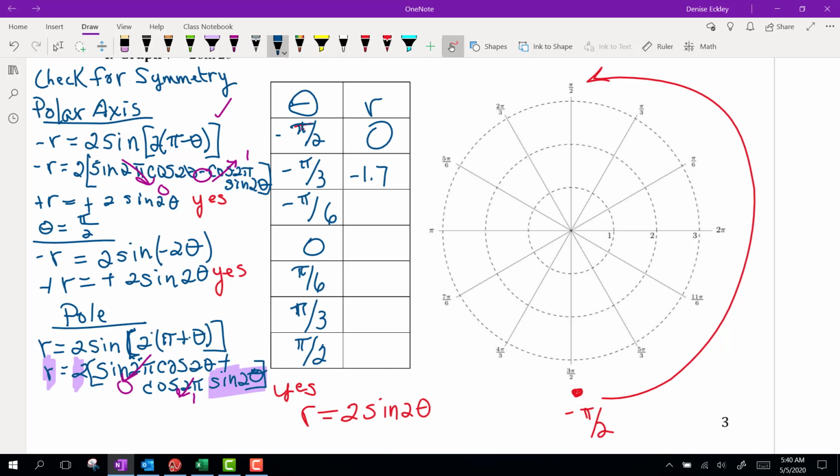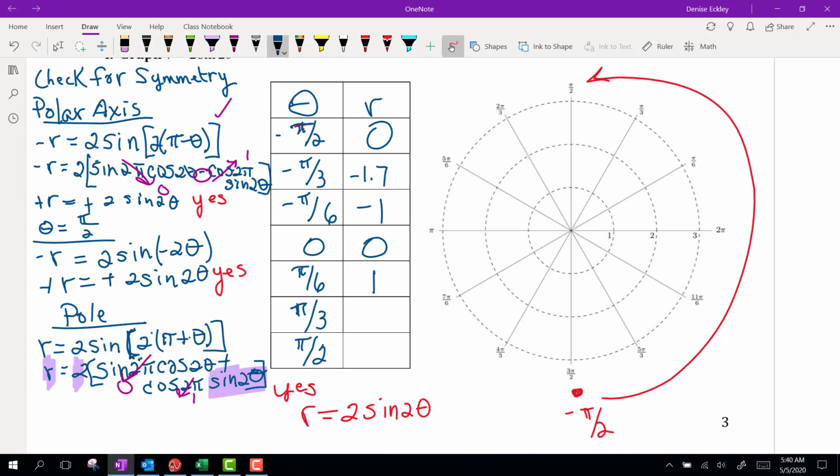The next one is going to give me negative pi over 6, so it's going to be 2 times sine of pi over 3, which is going to be negative 1. And then at 0, I'm at 0 again, and then pi over 6, I'm going to be 2 times a half, which is 1.